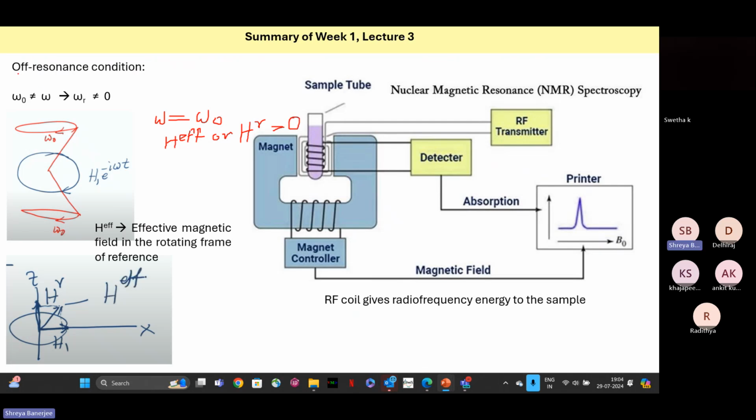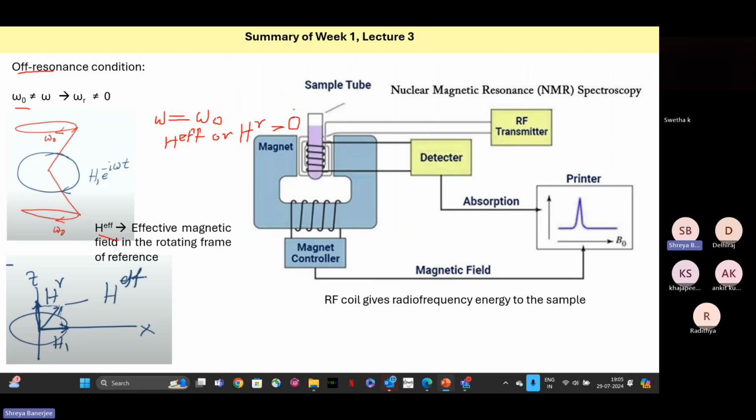But in off resonance condition, where the omega naught and omega are not equal, at that time there is a certain effective magnetic field. And this effective magnetic field is represented by the vector addition of the z component and the xy component. So that is the case when it is not the resonance condition.